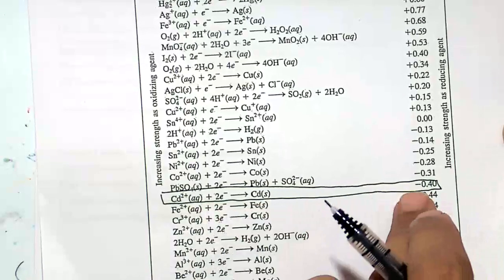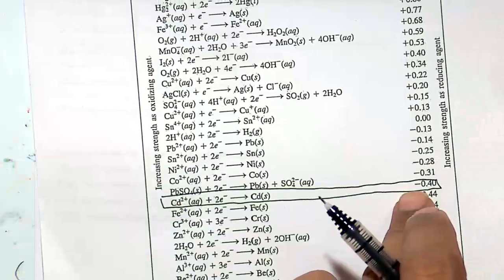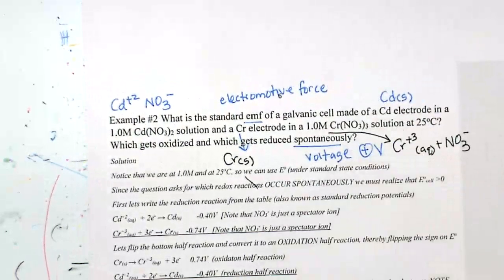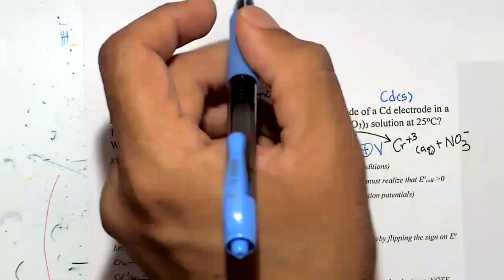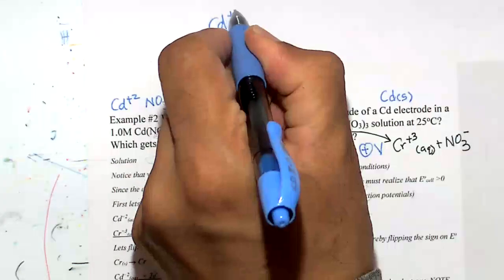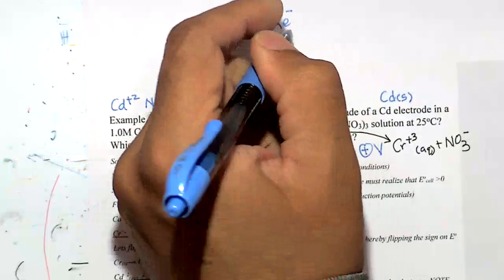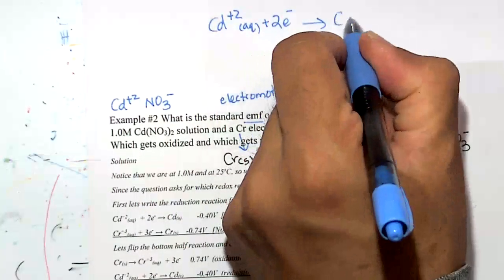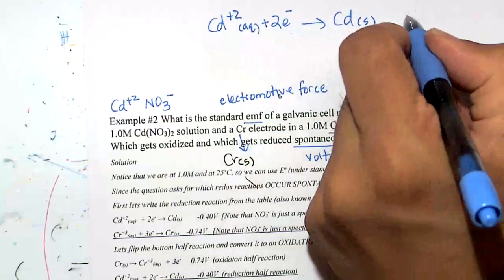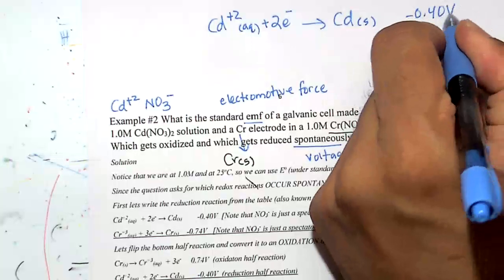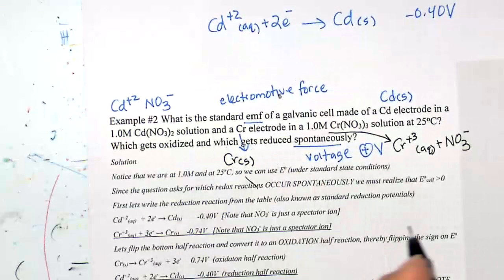Cadmium plus 2e minus goes to cadmium solid, minus 0.40 volts. We'll do it in blue. In black we'll do the chromium.